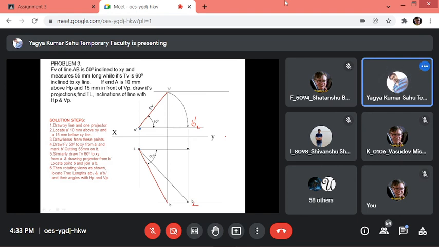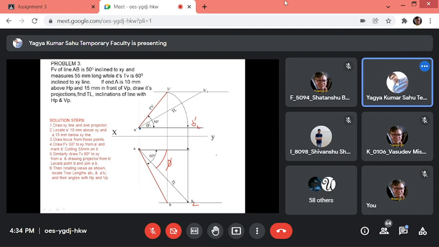It will be like this, right? Rotate A dash B dash up to XY, find out B2 dash, and from that B2 dash drop a projector line up to the locus line. You'll get B2. So what about this inclination? This is the true length. And what about this inclination? This will be phi. Okay. Now rotate this AB up to XY.